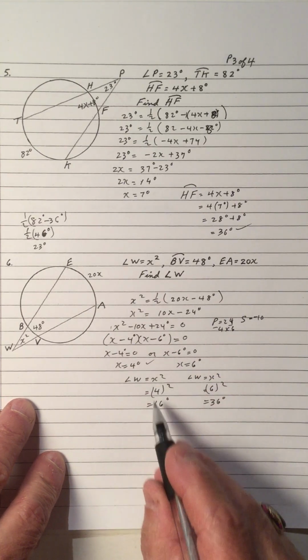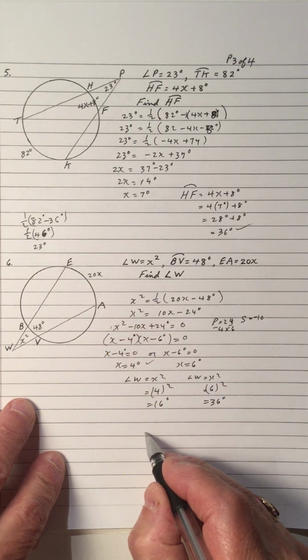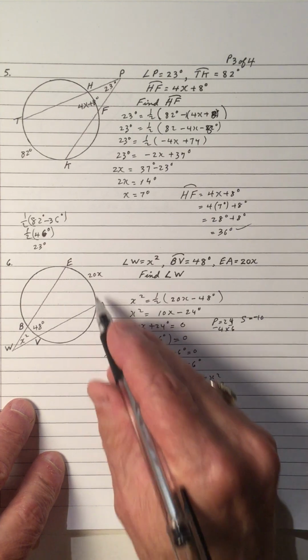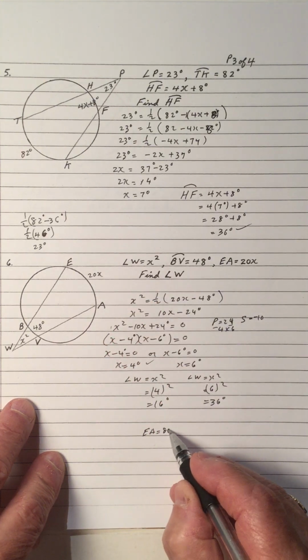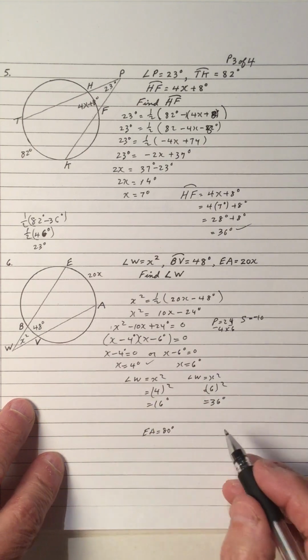So 16, and we put a 4 in, so that means the arc EA is 4 times 20, 80. If we subtract these and take a half of them, you should get 48.